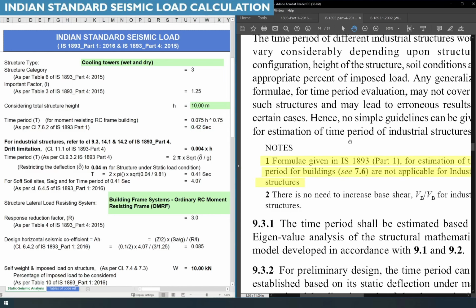So we cannot adopt this, or alternatively we can check with clauses 14.1 and 14.2 in IS 1893 Part 4. For that we have to refer to page number 18.